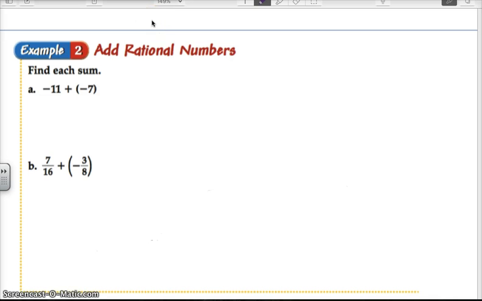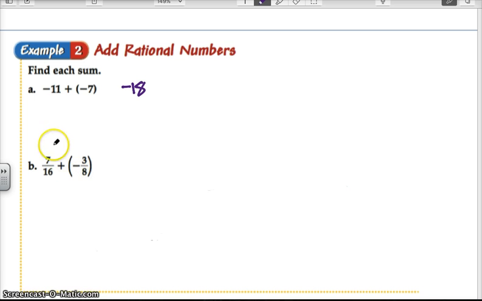All right, so here we are in example 2, and it's really the same idea. We're adding rational numbers. Remember, rational numbers are any numbers that can be written as a fraction. So negative 11 plus a negative 7 is going to give me negative 18. Just add the two numbers and make sure the sign is negative because both of them are negative. And here we have a situation where, one, we're dealing with fractions, and two, we're adding two numbers with a different sign.